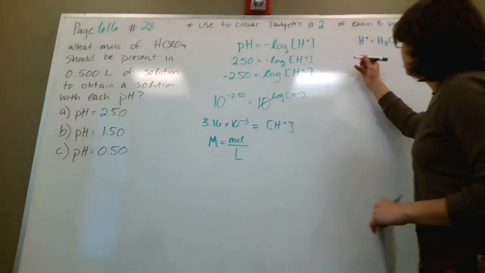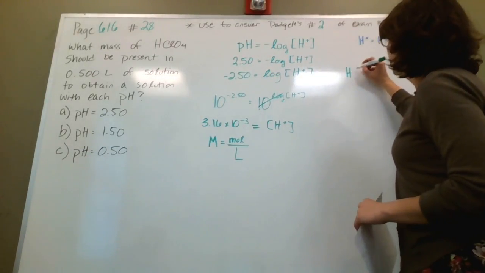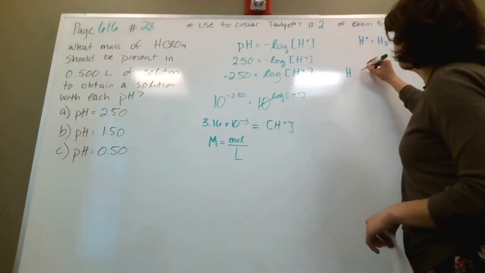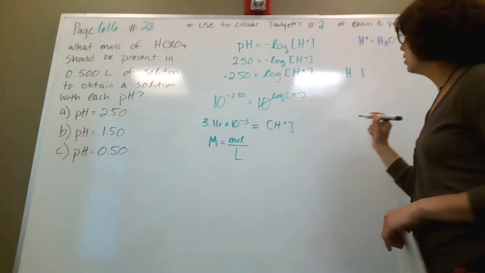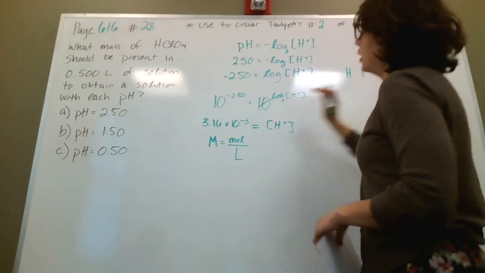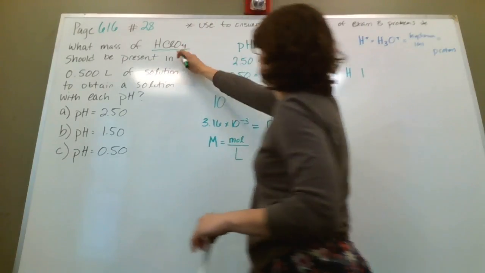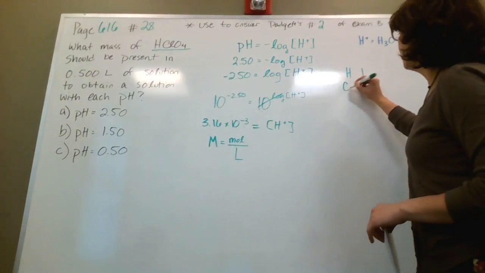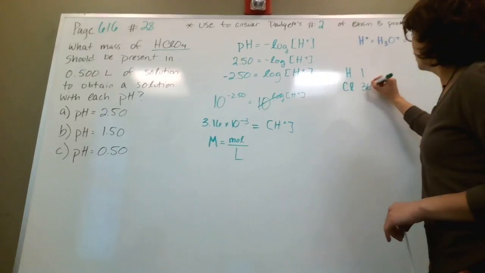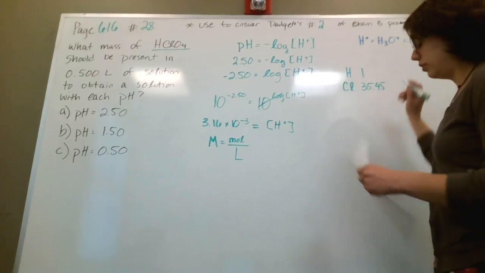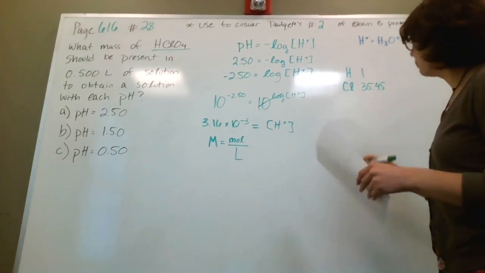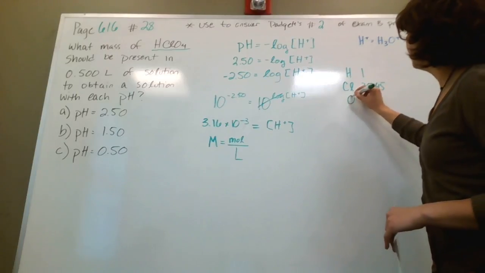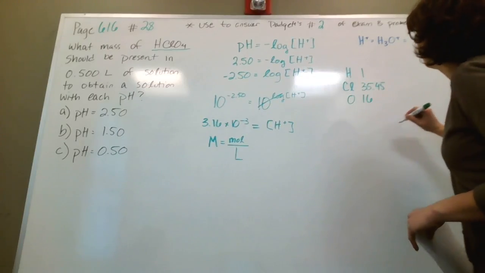So if I look at the periodic table, hydrogen weighs 1. And I'm looking at hydrogen because I'm getting it from HClO4. Chlorine weighs 35.45. Is that right? Yeah. And oxygen weighs 16.